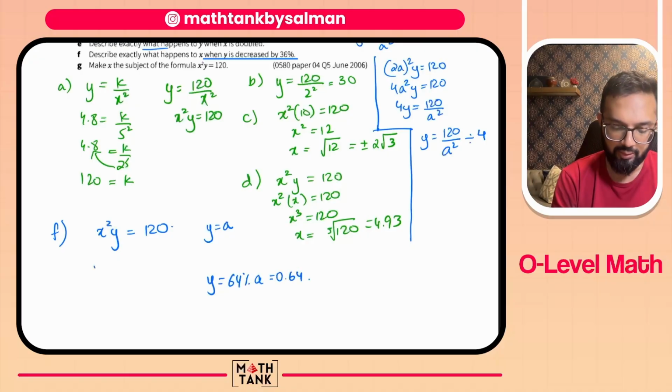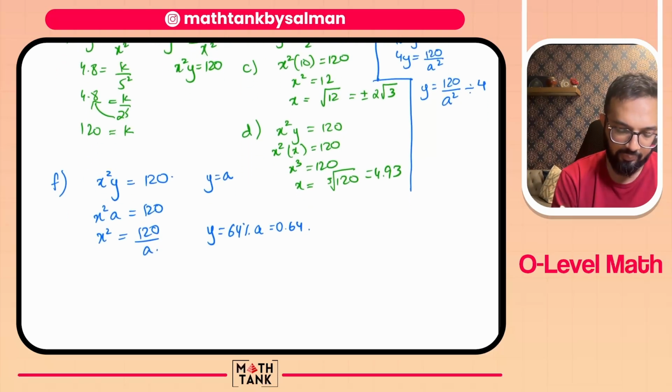Let's plug in a first. So x squared is basically 120 over a. Then in the next phase, x squared is basically 120 over 0.64a.